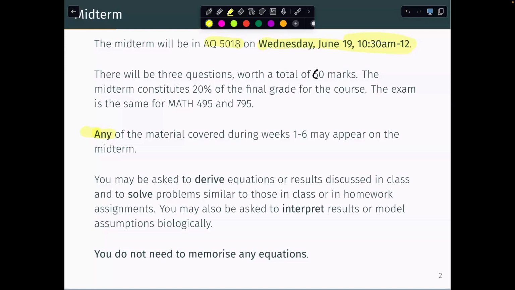You'll be expected to solve problems similar to the ones that we've done in class, as well as ones that are on homework problems. And you'll also be asked to interpret results or the assumptions that go into our models biologically. So make sure you're familiar with how to derive some of the results, solve problems, and interpret.